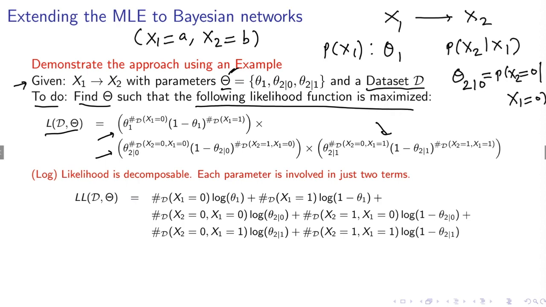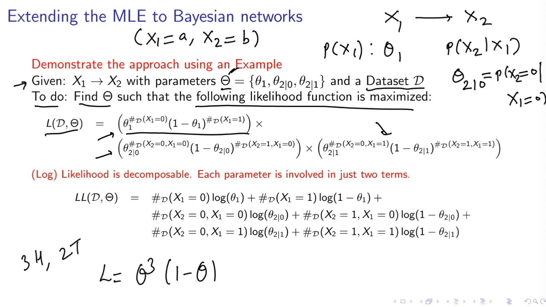How did I come up with this expression? The same idea as before, right? If you remember in the previous slide, we had 3 heads and 2 tails, and I can write the likelihood expression as theta cube into 1 minus theta square, right?